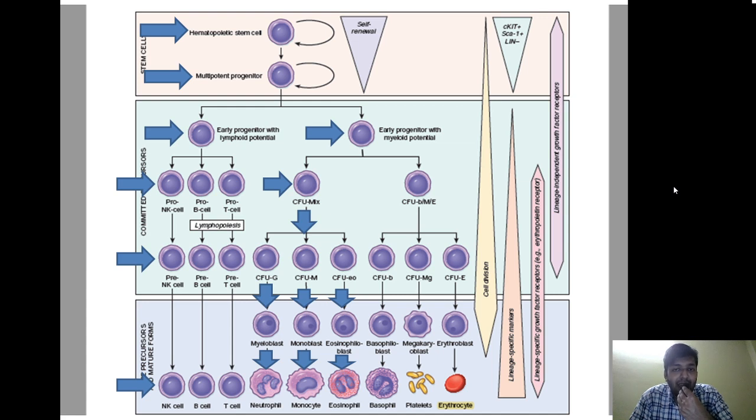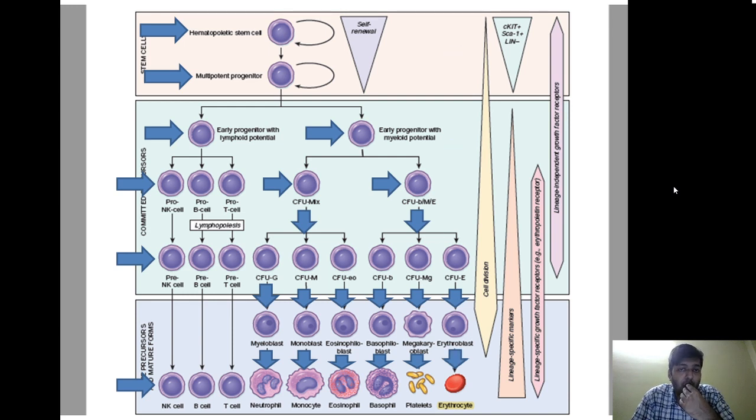Okay, now again we have the colony forming unit basophil, then megakaryocyte, and lastly the erythrocyte series. So the colony forming unit basophil is going to give rise to basophiloblast, that will give rise to basophils. Colony forming unit megakaryocyte will give rise to megakaryoblast, that is going to give rise to platelets, and colony forming unit erythroid series is going to give rise to erythroblast, that is ultimately going to give rise to the RBCs.